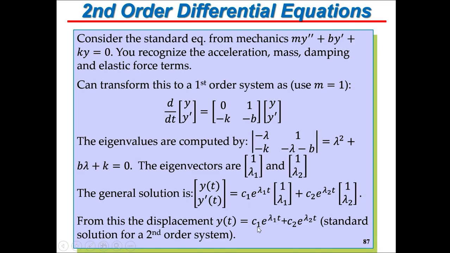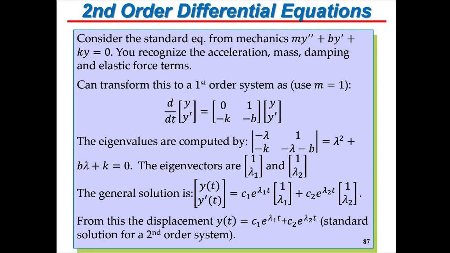So y of t equals C1 e to the lambda 1 t plus C2 e to the lambda 2 t. And obviously, I hope you remember this from your linear algebra, from your differential equations course.